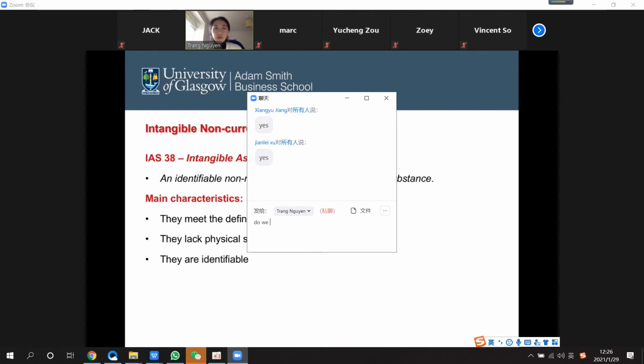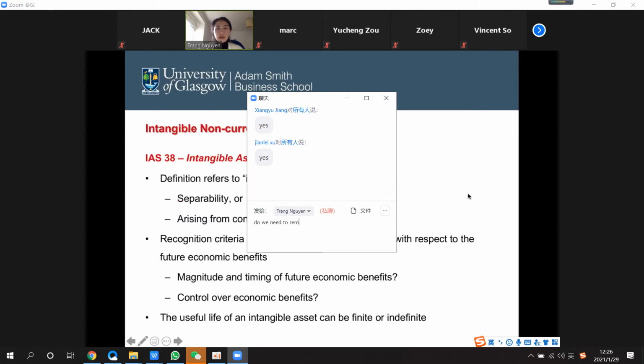Let me take an example about identifiable. Identifiable means that it needs to be separable or arising from contractual or legal rights. A simple example is brand name. We need to know that it should be separate and arising from certain rights or contracts.